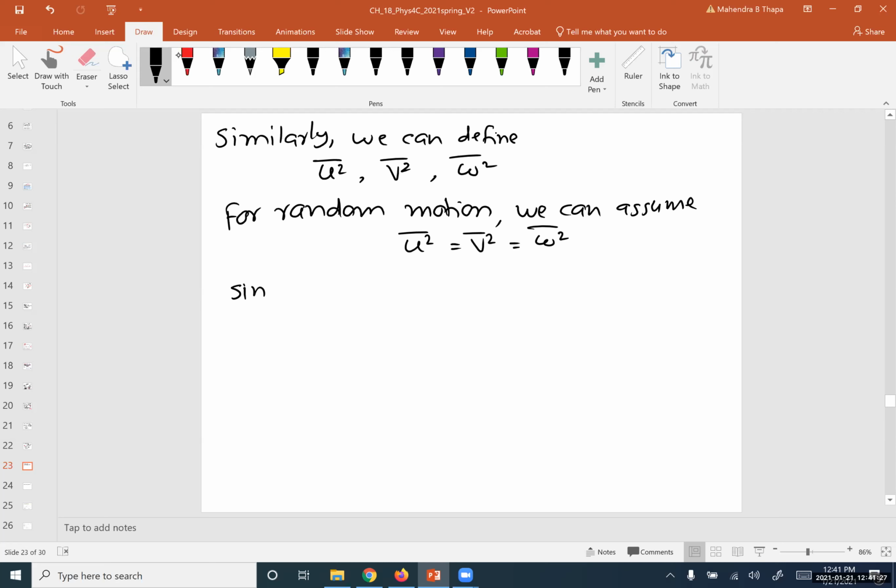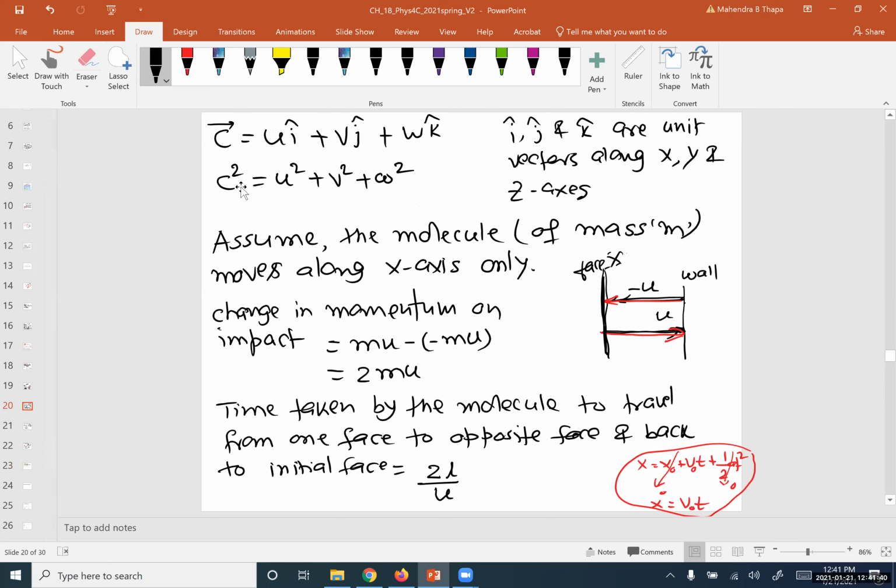Since you know that c squared equals u squared plus v squared plus w squared, this I actually wrote here, c squared equals u squared plus v squared from our starting point.